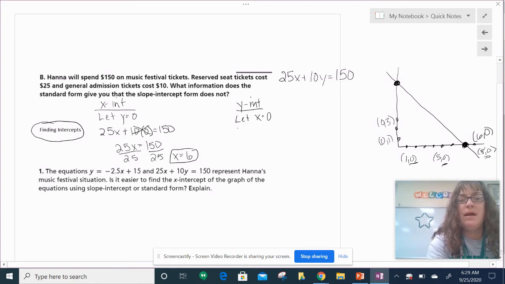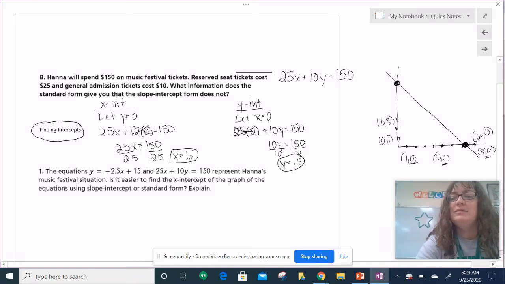So I'm going to rewrite my equation, 25 times 0 this time, plus 10 times y is equal to 150. 25 times 0, that just becomes a 0. So now I have 10y is equal to 150. I can divide each side by 10, and I get y is equal to 15. So what that tells me is I'm going to cross up here at the point 15.